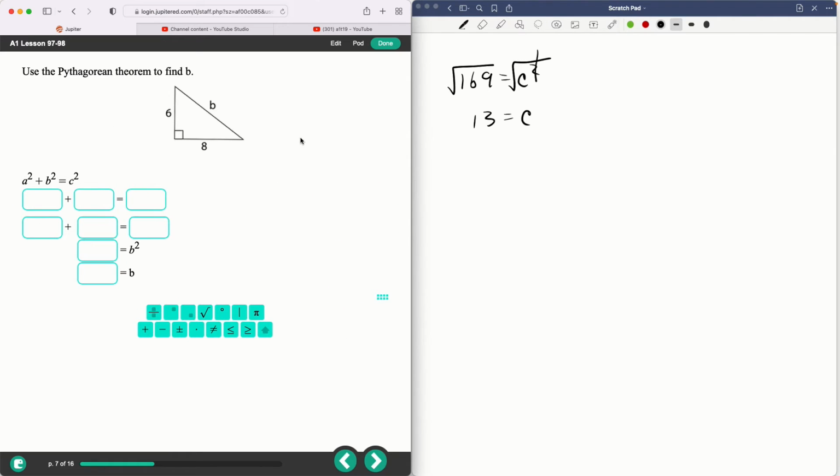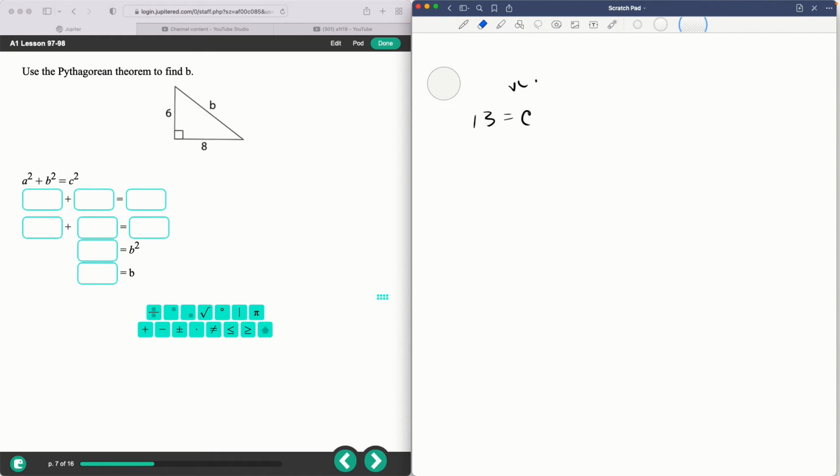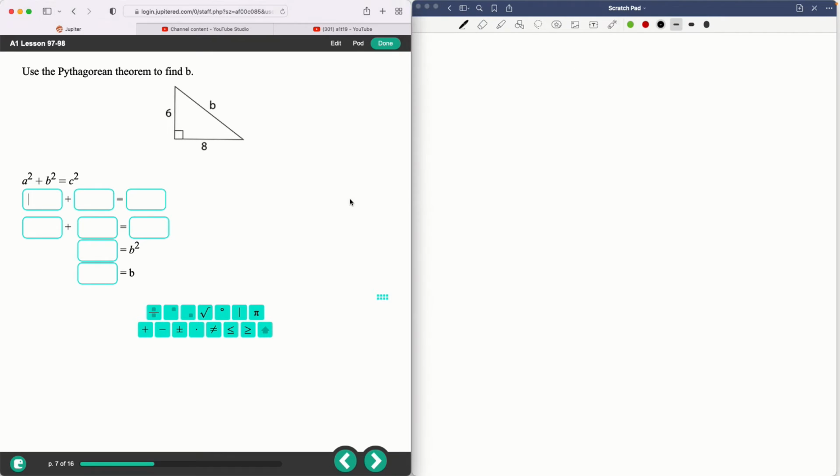Next problem. Use the Pythagoras Theorem. Let me erase all this so we can have it ready. Another Pythagoras Theorem. Imagine that. The whole point of this was to have you do the steps over and over again until you knew Pythagoras Theorem.